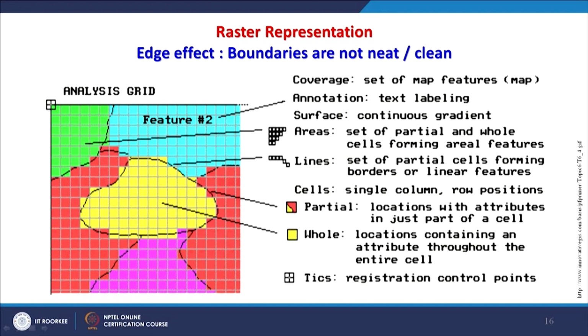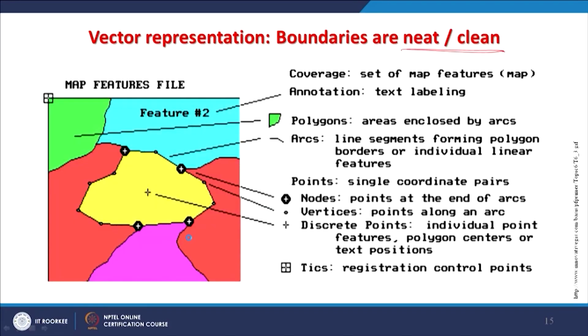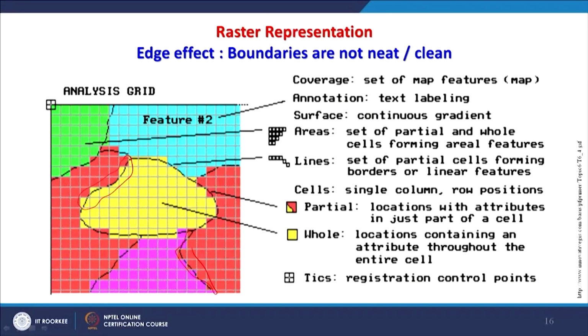The major problem is all along your boundary line. Your boundaries are not as smooth or clean as in your vector data, because vector is capable of representing boundaries very accurately, whereas raster will have jagged issues. The boundaries have a stair-step or jagged appearance, they are not smooth.